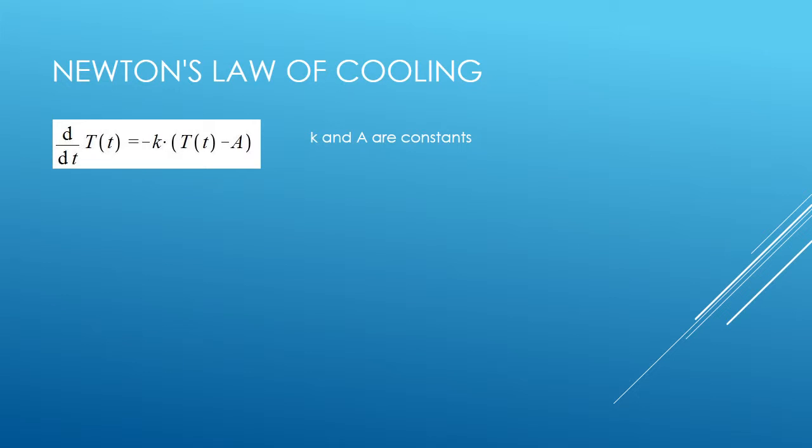Another type of differential equation is called Newton's law of cooling, and here is the differential equation right here, where k and A are both constants. A solution to that differential equation is this.